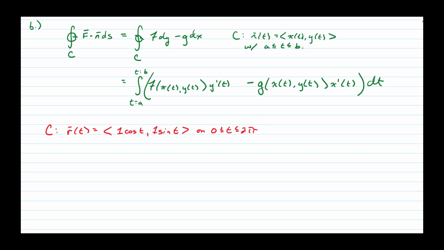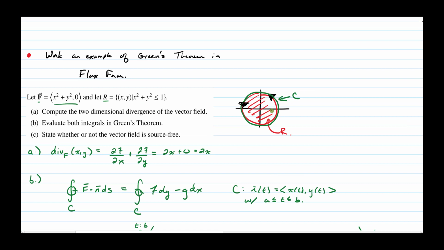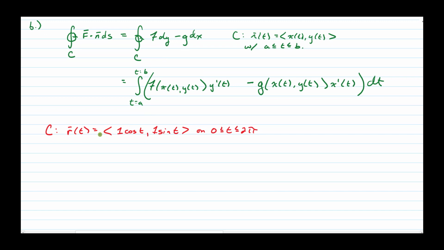Folks, many other parameterizations would work for this particular curve. However, for the parameterization to be valid, it has to retain the original orientation of the curve. So our parameterization starts us at this point right here, and we continue in a counterclockwise manner until we return to that point. Any other parameterization of that unit circle would work, but it must travel in a counterclockwise manner.